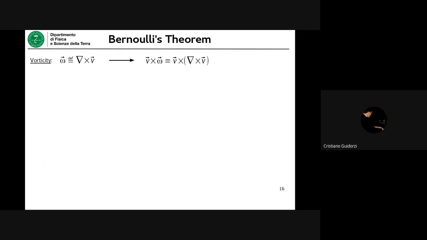Let's consider the vector product of V vector with the vorticity. By definition, this is this guy here. But then we can exploit a vector calculus identity. So this is V times the gradient of V squared, essentially, minus the first scalar the second, the third.